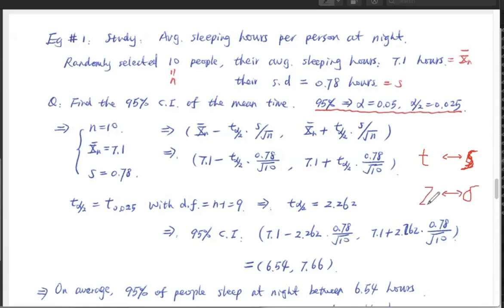Z is the last one in the alphabet, and sigma is not even in the alphabet, so they are kind of together. I hope that helps you when you try to solve a problem and decide which formula to use. That's the one tip I want to share.